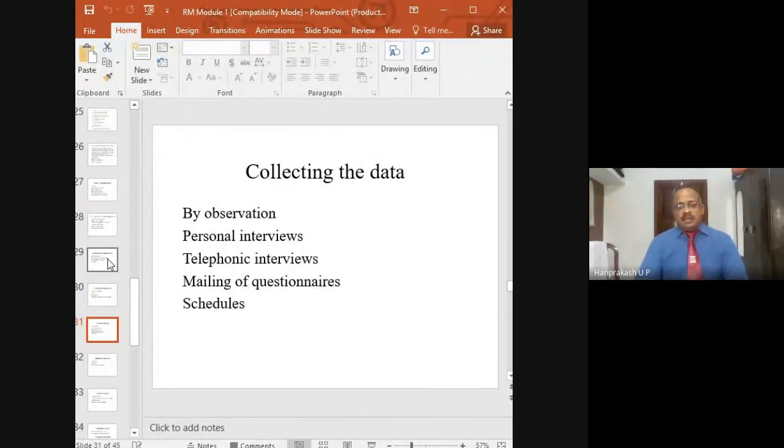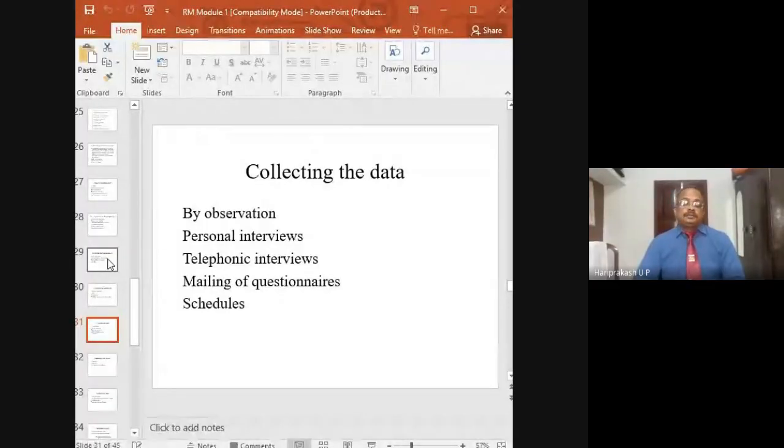If your study requires these types of data, then it can be very easily collected through observation. It may be mechanical observation, as I said, a CCTV camera fixed in different corners, which will collect the data on numbers, what products they have bought, every detail. It will be connected to servers, and servers will have an application to analyze and give the data. So such observation can be done.